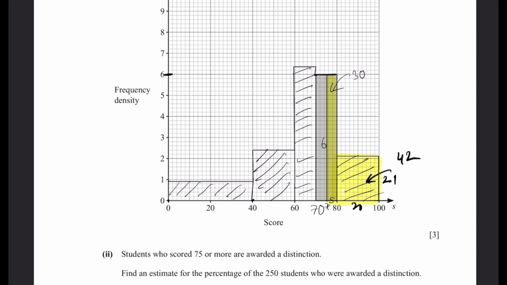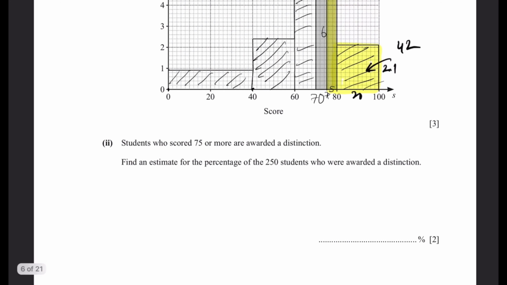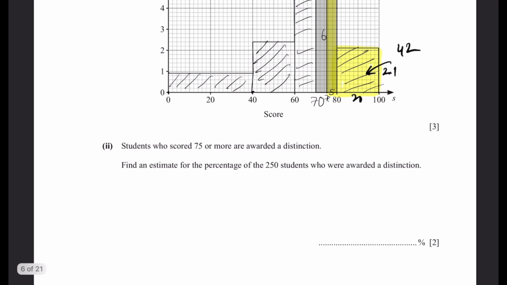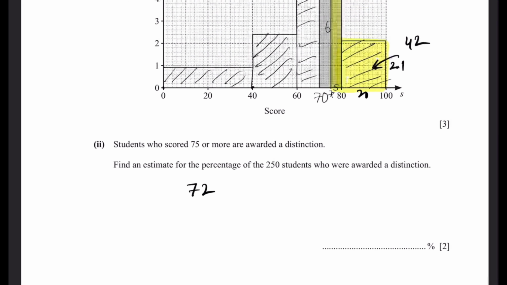So we are going to find the percentage. 72 divided by 250 times 100%.